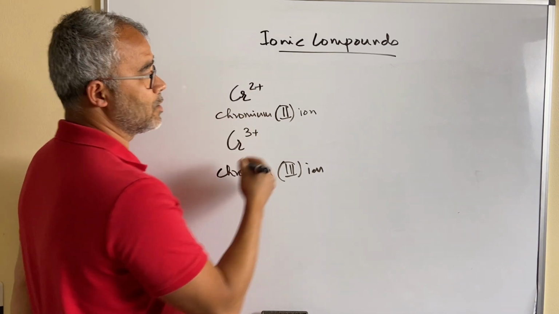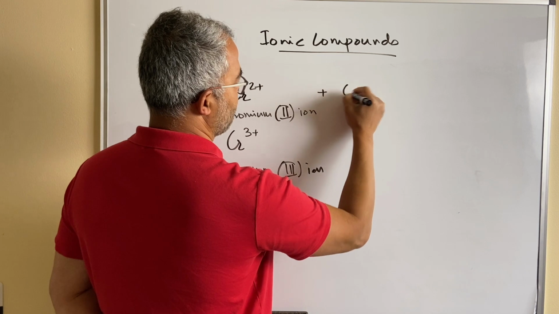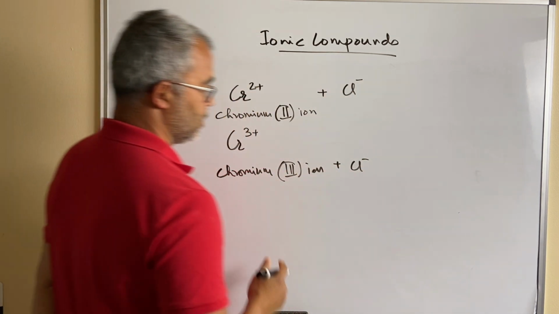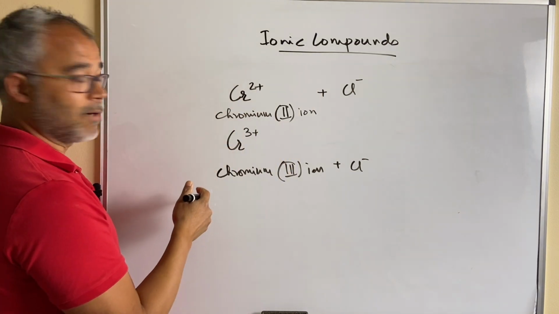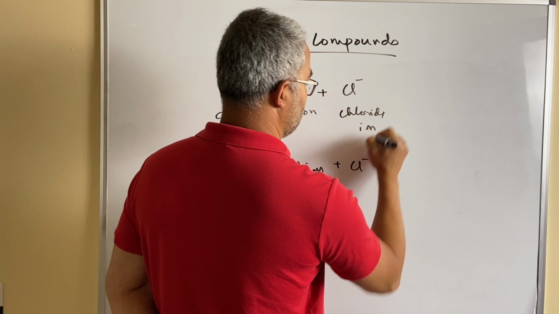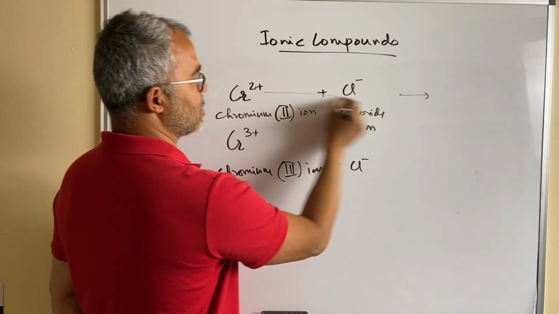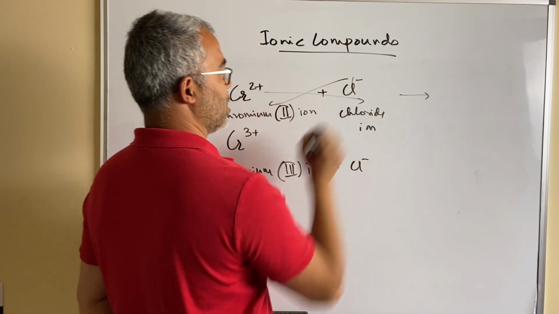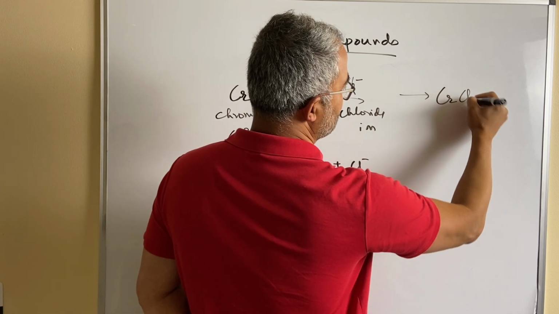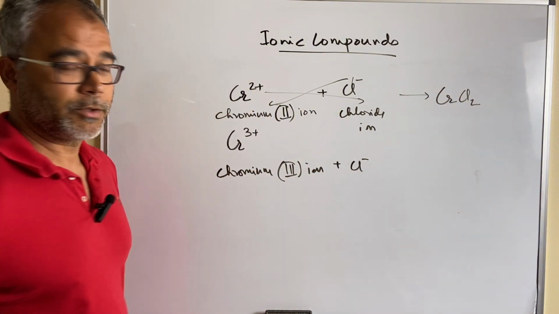So if I react this with something like, let's say chlorine, which only has one negative charge, right? So if I have to combine them, this would be the chloride ion, right? In both cases, this one and this one. So the name would be, I do the crisscross applesauce, the 2 actually ends up going there. That's only 1 going there, so that becomes CrCl2. There's only one chromium, okay?